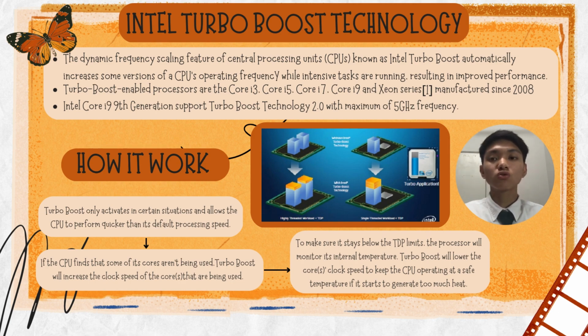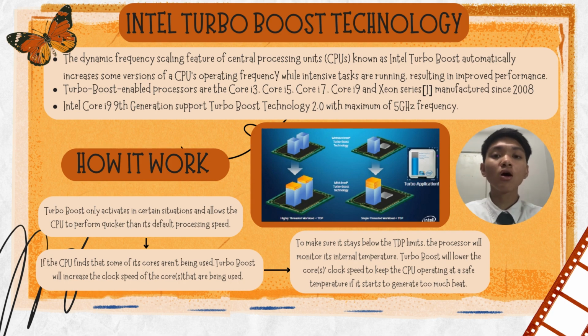Number two, Turbo Boost enabled processors are the Core i3, i5, i7, i9 and Xeon Series 1 manufactured since 2008. And number 3, Intel Core i9 9th generation supports Turbo Boost technology 2.0 with a maximum of 5 GHz frequency.